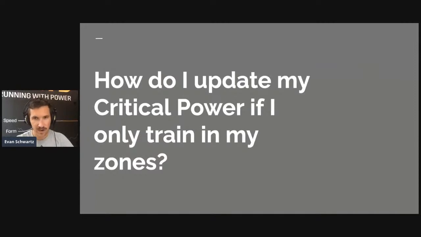So don't shy away from doing some time trials, some race efforts in that 15 to 20 minute range to make sure that your critical power stays updated. If you're only training in zones and you're not seeing any progress over the course of 6 or 8 weeks, go ahead and test again. Add a little bit of variety in the training. Make sure that you are testing yourself, because testing is training, and that is absolutely a true statement.